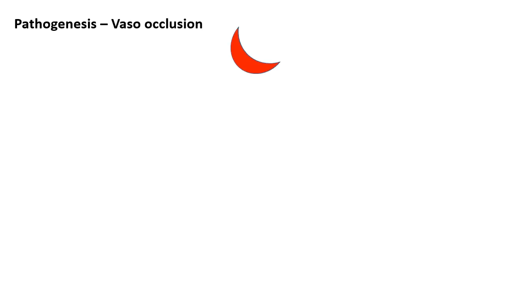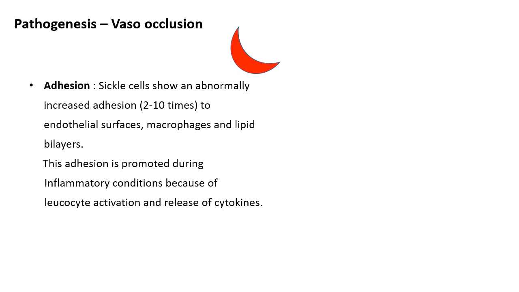So what happens because of sickling is vasoocclusion. Why does this happen? This happens because of two phenomena. One is adhesion. Sickle cells show an abnormally increased adhesion, 2 to 10 times, to the endothelial surfaces. This adhesion is moreover promoted during inflammatory or infectious conditions because of leukocyte activation and release of cytokines.